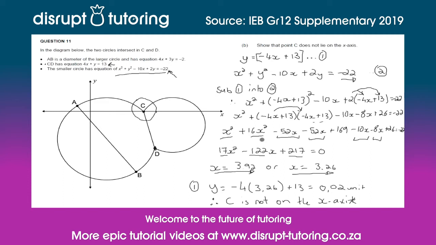Cool, so it's very close to the x-axis, but it's just above. If it's 0.02 units, it means it's just above this x-axis.